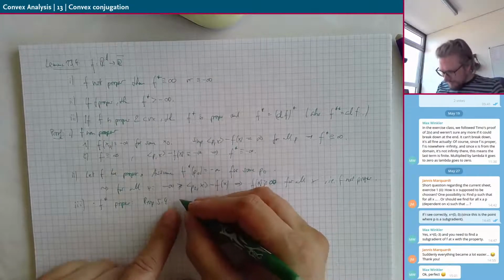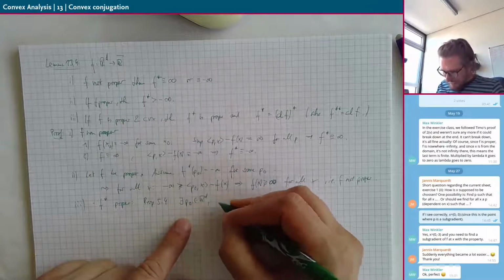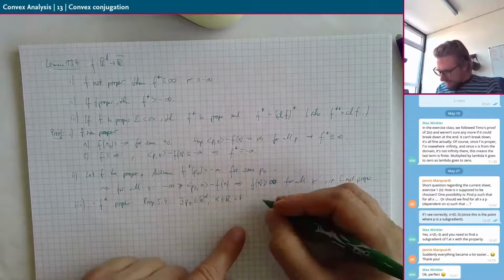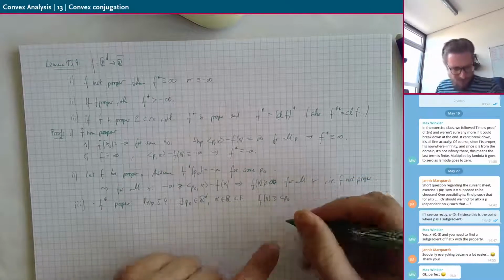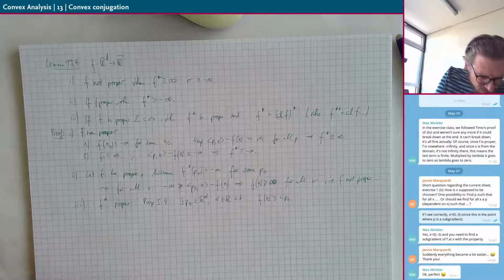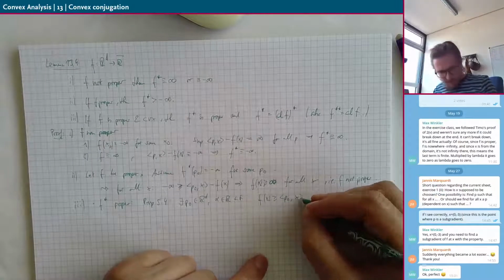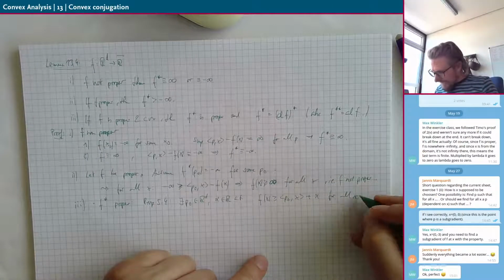Proposition: there is some p0 in Rd and alpha in R such that f of x is larger or equal to p0 times x plus alpha for all x.